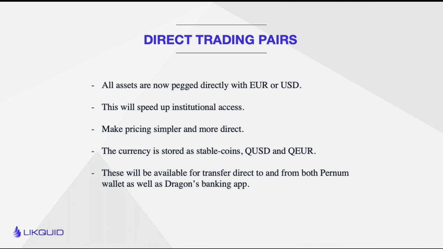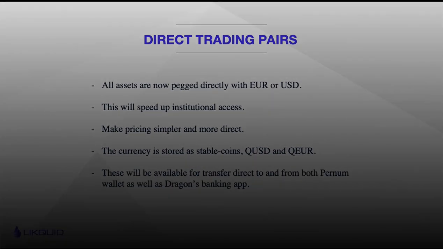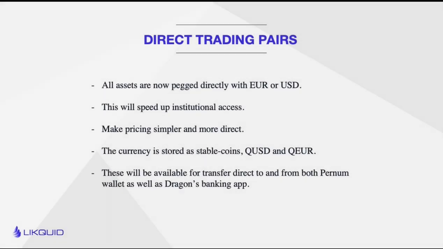Now, on the direct trading pairs, as I said, we have now pegged assets against the real currency they should be in directly, which is euros and US dollars, but they could be in BTC and Ether as well. We don't have any assets that are paired against those. But this is now working very well. So now we can start putting institutional access in.